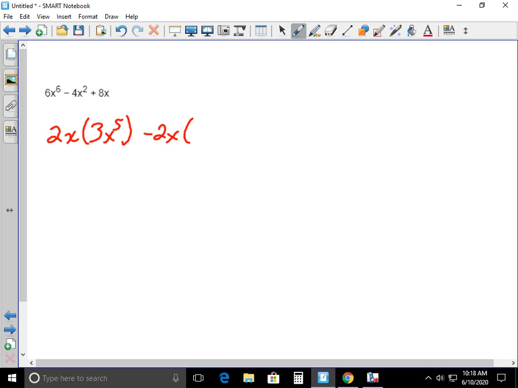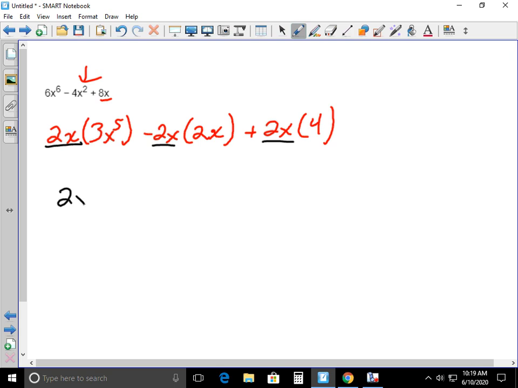If we put 2x out front, 4 is 2 times 2. And if we have 2 x's out front, we need 1 more. And then 2x out front, 8 is 2 times 4. And if we already have an x out front, we don't need any more. So we've put what they have in common in the front.